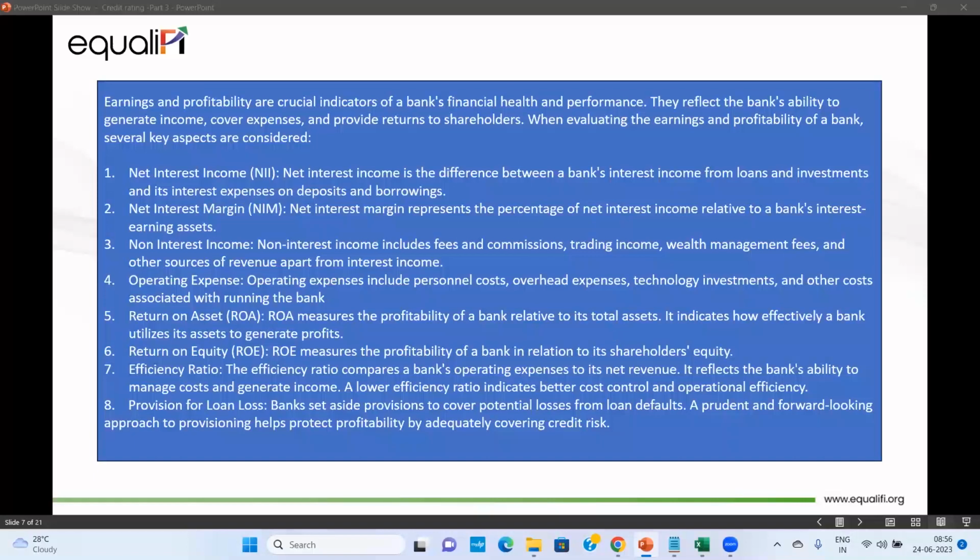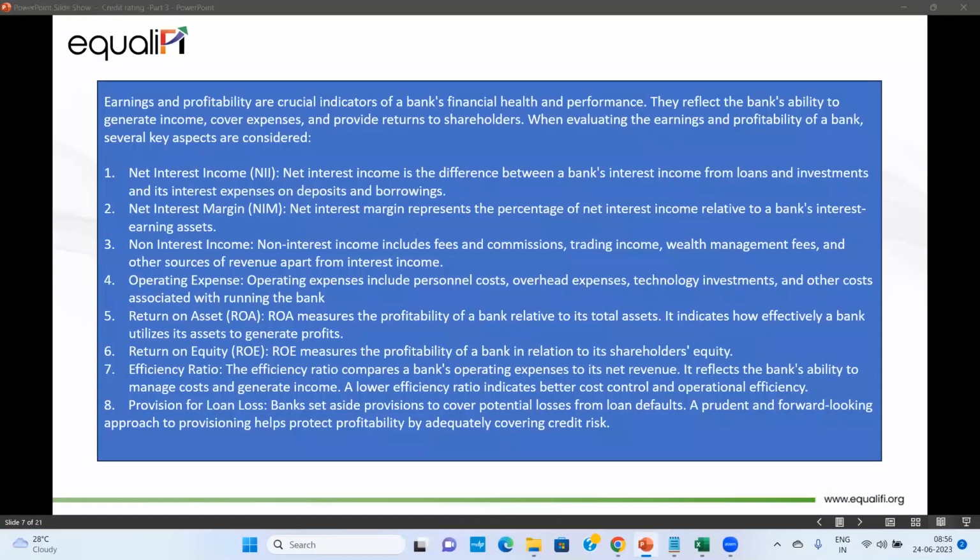So whatever my earning is from the loans, and whatever my expense is for the deposits, is something which is my earning, and the differential amount is net interest income. Now that net interest income is expressed in terms of percentage, right?